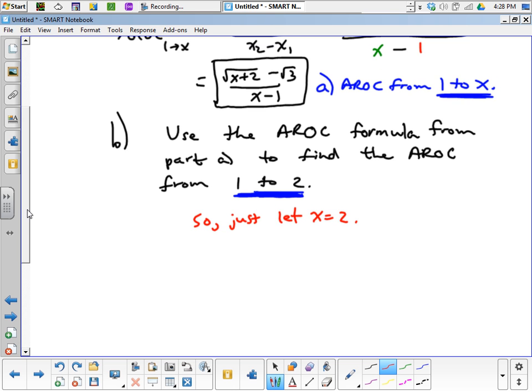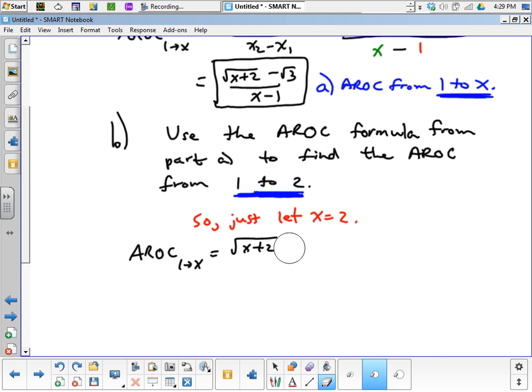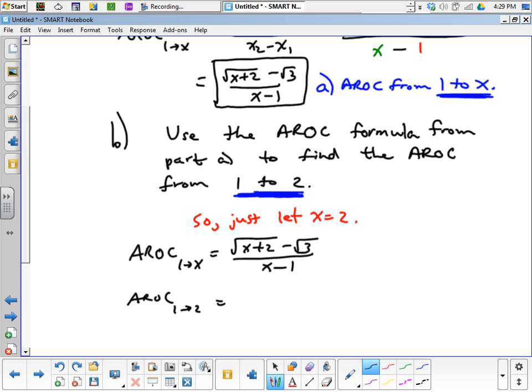Okay, so here is our final conclusion. That the average rate of change from 1 to x was this. And so therefore the average rate of change from 1 to 2 is going to be 2 plus 2 inside that radical minus square root of 3 all over 2 minus 1.